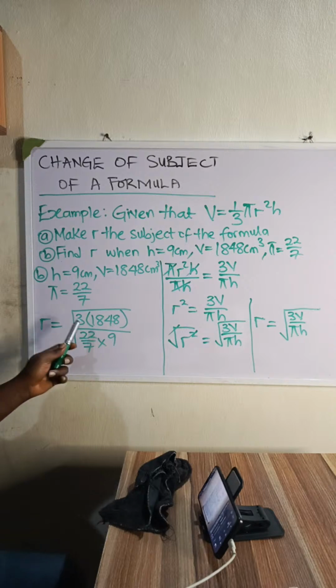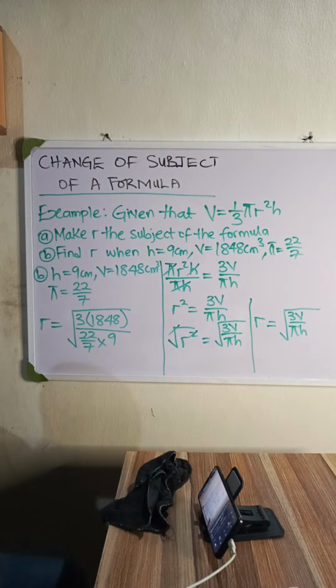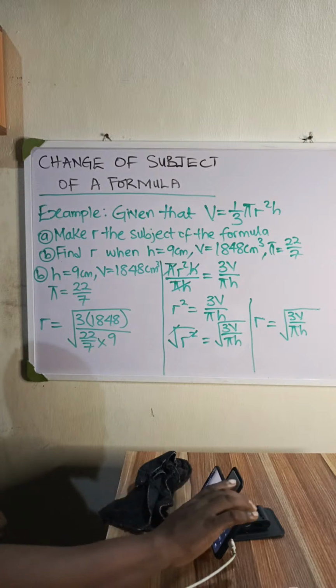So what is 3 times 1,848? Please let me know.